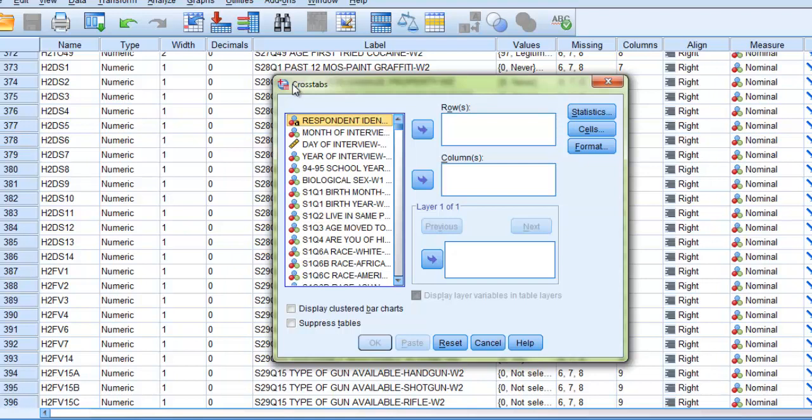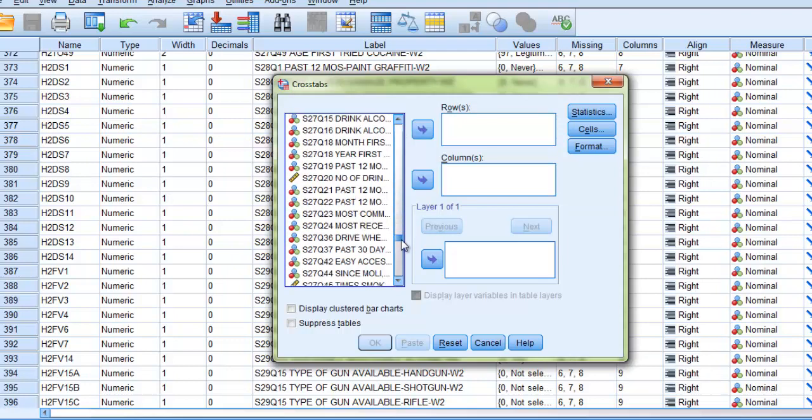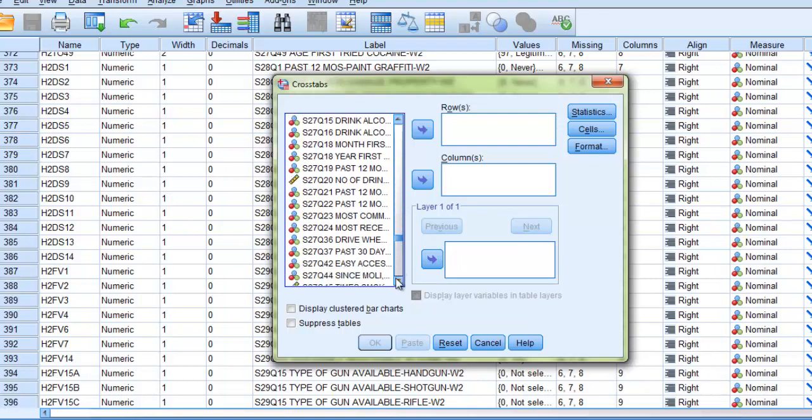In this example, the hypothesis is gang membership is related to marijuana use. So we're examining gang membership as our independent variable and marijuana use is our dependent variable. Gang membership will go in our rows. Let's scroll down to 27, 44.